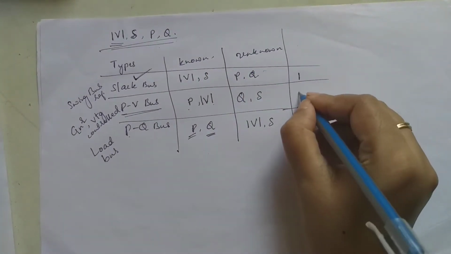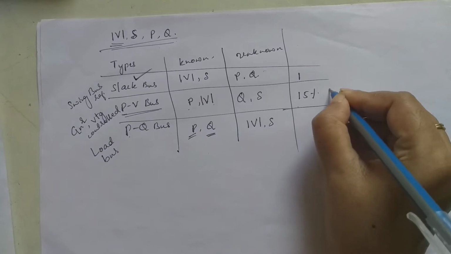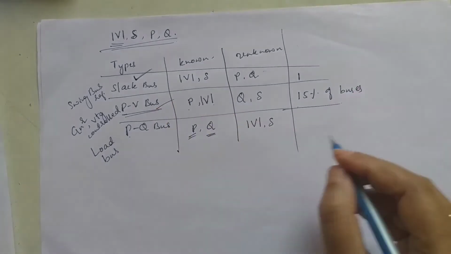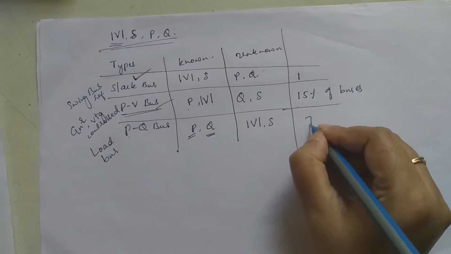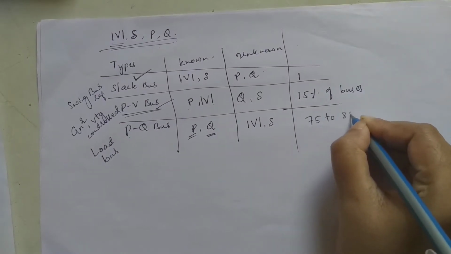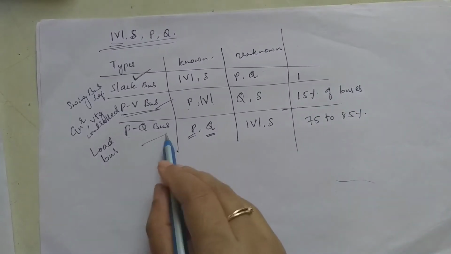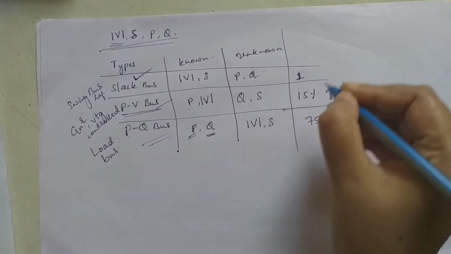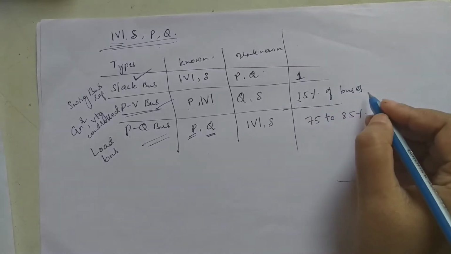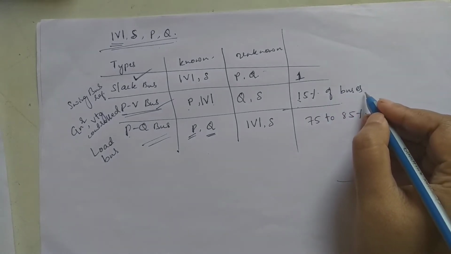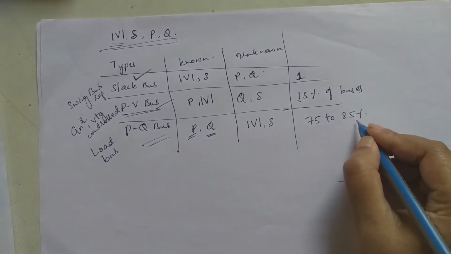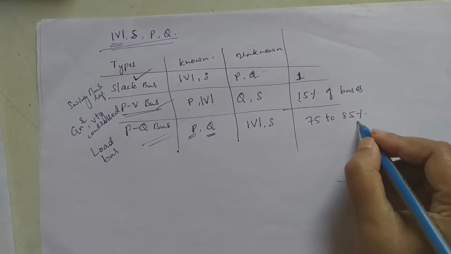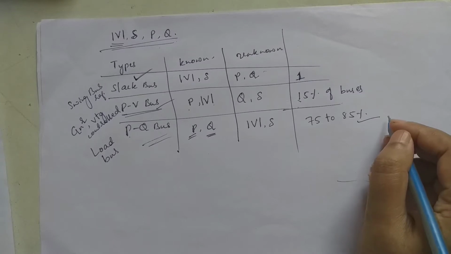Almost 15% of buses are PV buses and the remaining 75 to 85% of buses are PQ buses or load buses.